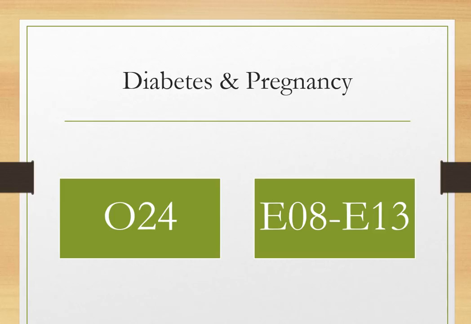And that's because the pregnancy code doesn't get into specifics about the patient's actual diabetes like the chapter 4 codes do. Now, if the patient is taking long-term use of insulin or oral hypoglycemics, you'll want to go back and review your chapter 4 guidelines on long-term use of insulin and hypoglycemic.